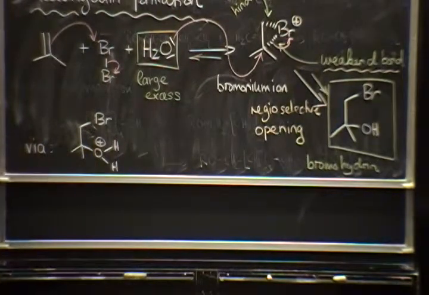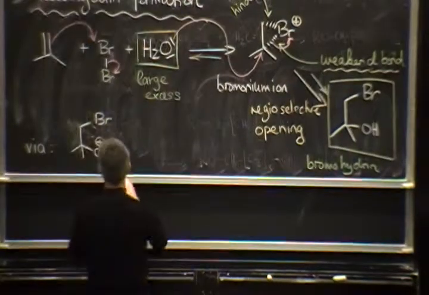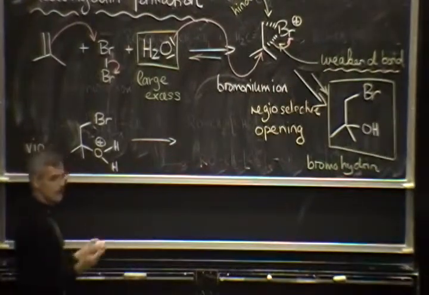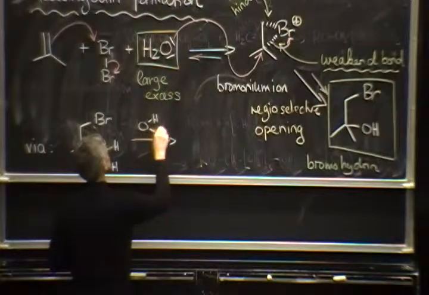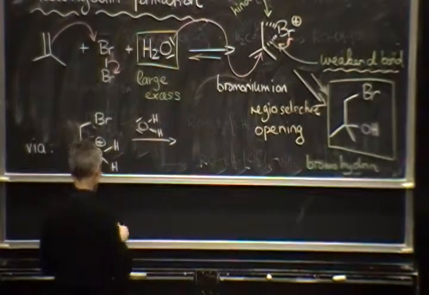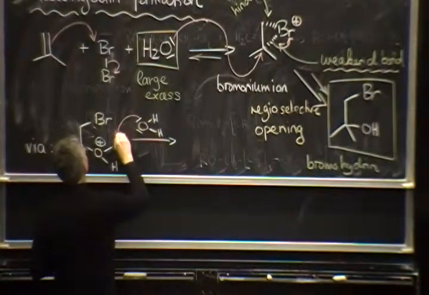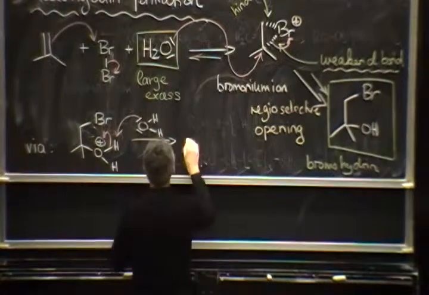This is actually what I get first. And then this species loses the proton. And I can use the Br minus, but more likely, of course, I'm going to protonate the additional excess water that I have. So water, H2O, will be my base. And that gives the product.